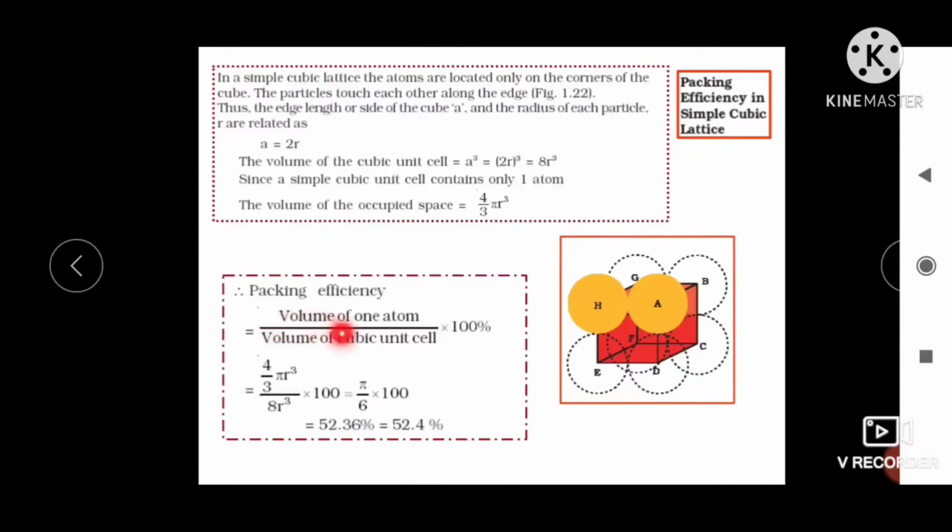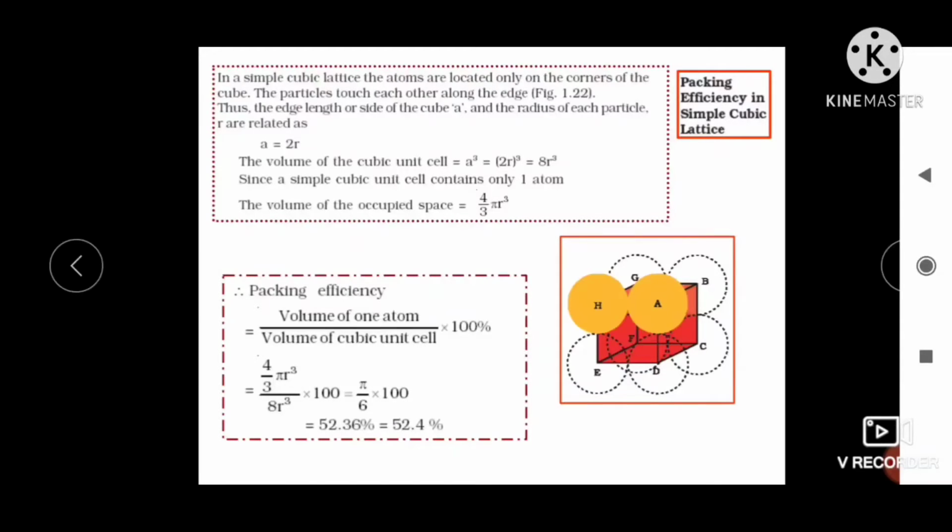Here volume of one atom equals 4 by 3 pi r cube into 1, where 1 is the number of atoms present per unit cell of simple cubic lattice, divided by the volume of the cubic unit cell.